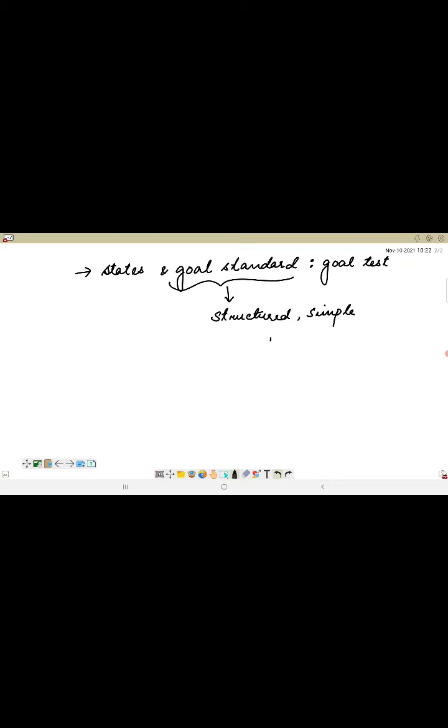Talking about the formal definition of a constraint satisfaction problem, a CSP is defined by a set of variables that can range from x1, x2, up to xn, and a set of constraints.